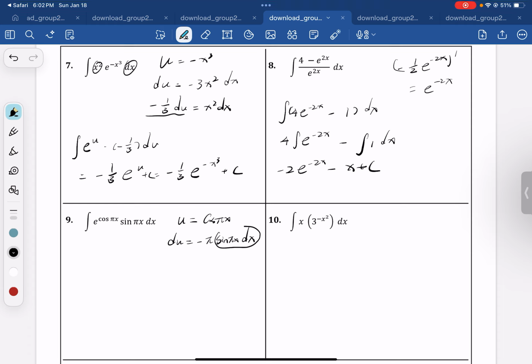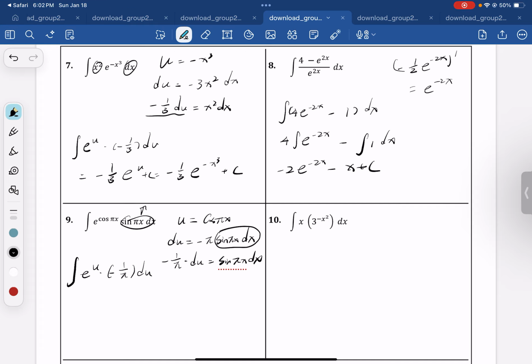So here we got sine pi x dx. So negative 1 over pi times du equals sine pi x dx. So here we can substitute du times negative 1 over pi. So it becomes e raised to the power of u times negative 1 over pi du.